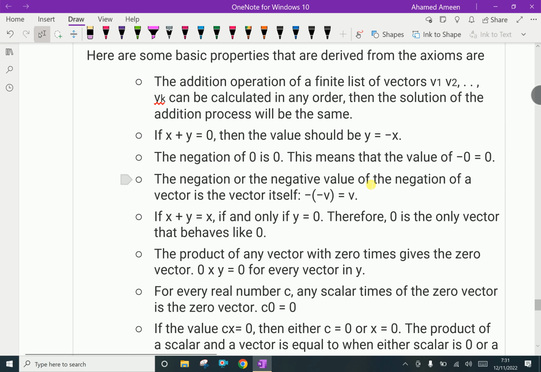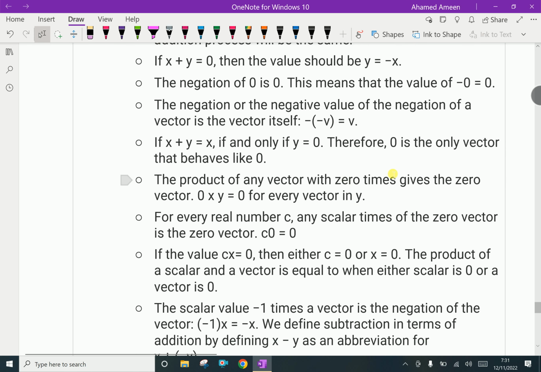The negation of a negative is positive. Negation of negation, that is minus of minus v equals v. And if x plus y equals x, then we can say y equals 0. That means the zero vector added with x gives x only.